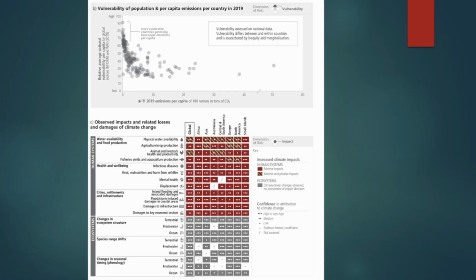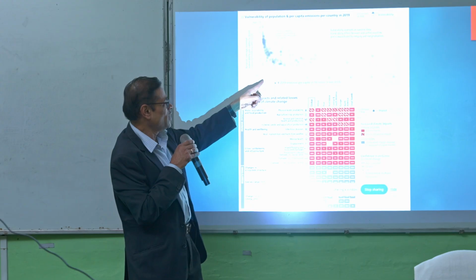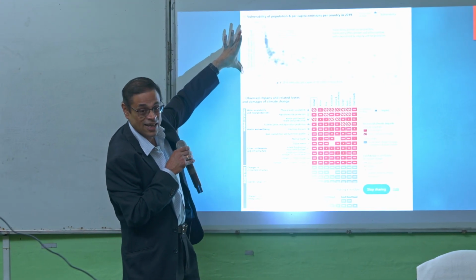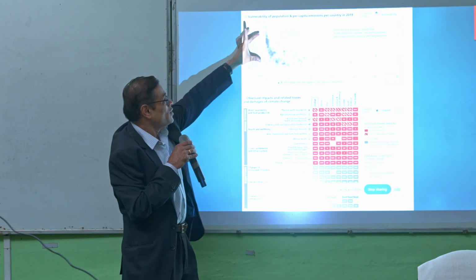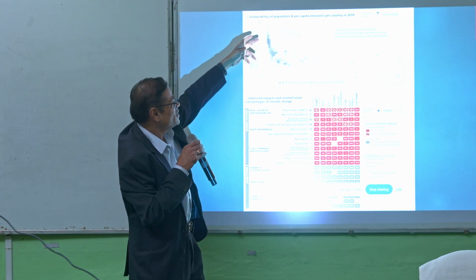So that's one interpretation. And then they are also telling in this report, like I said before, these are the emission amounts for most of the countries, and the countries with the least emissions are the most vulnerable. This is a vulnerability index here on the y-axis. See here how many countries are clogging here in this area.